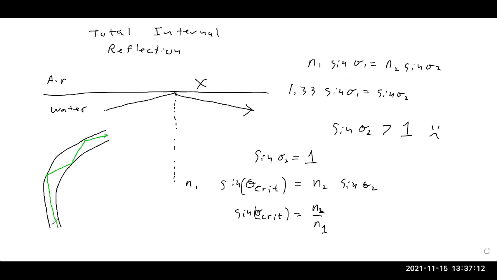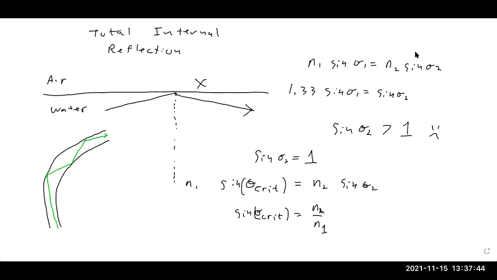So instead, it just gets trapped in the optical fiber. So you can carry light through a tiny little fiber as long as it doesn't hit at a sharp angle. All these hits at glancing angles, it's stuck inside. It's like a pipe for light.